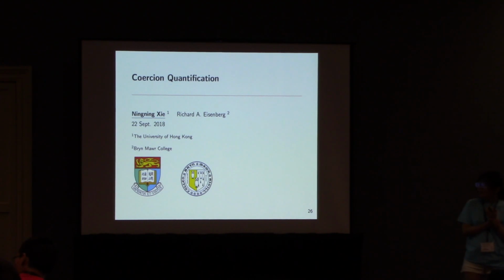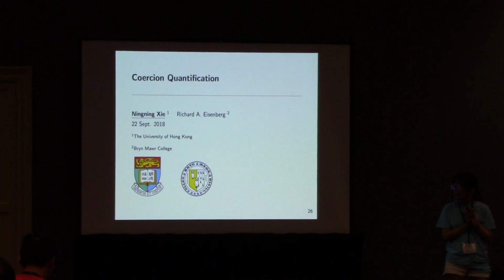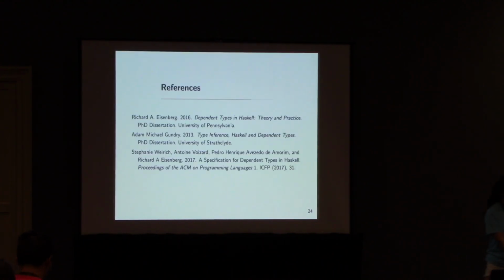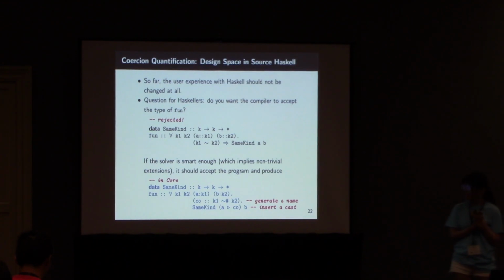Okay, good question. You gave an example in source Haskell where a need for this could potentially come up, but mentioned that it's unclear if anyone actually wants to do that particular thing, and that you may not want to make that example actually possible in source Haskell. Is the coercion quantification that you implemented fundamentally important for things that dependent Haskell is going to be able to do?